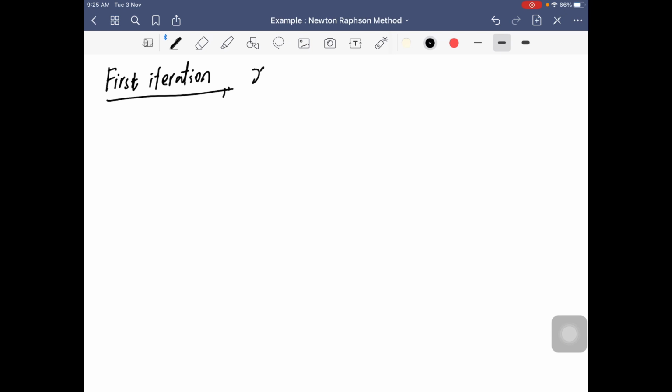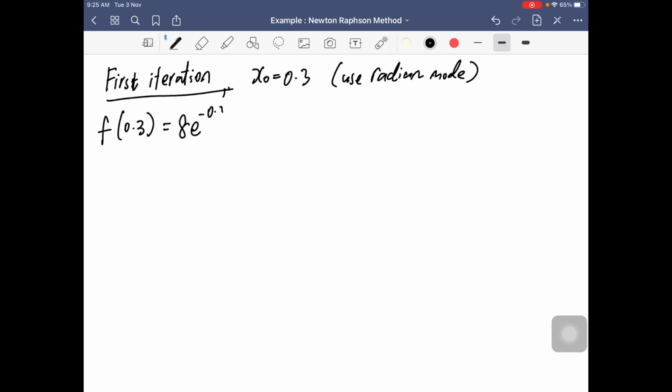Alright, so given x0 equal to 0.3, use radian mode in your calculation. We calculate first f when x equal to 0.3, so substitute into your function. I calculate in 4 decimal places, you should get 0.7514.